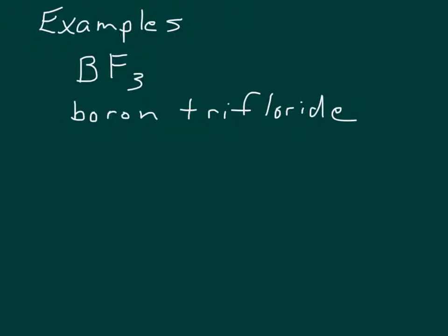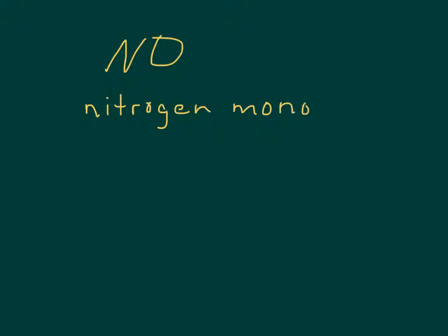All right, let's do another example. Something as simple as this. Once again, binary. It's nonmetal, so we're going to use prefixes, and we're just simply going to call the first element by its name that's on the periodic table, nitrogen, and then we have one oxygen, and because it's Type 3 nomenclature, we're going to use the prefix there, and we would call it monoxide.